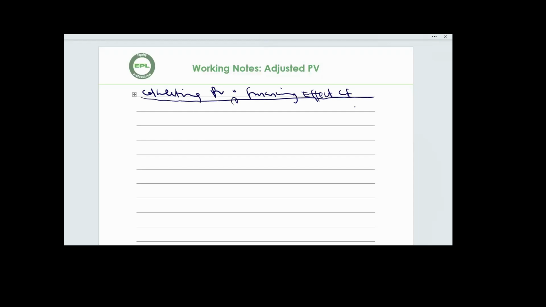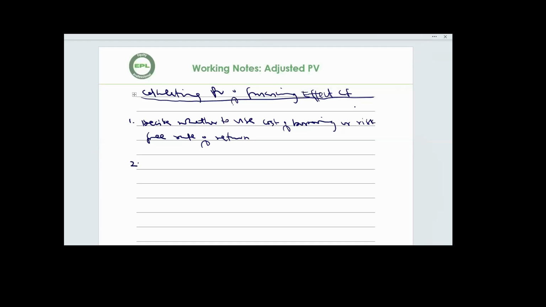So to do this, the first thing you are going to do is to decide whether to use cost of borrowing or risk-free rate of return. So whichever one you want to use, it's what the examiner will mark for you.